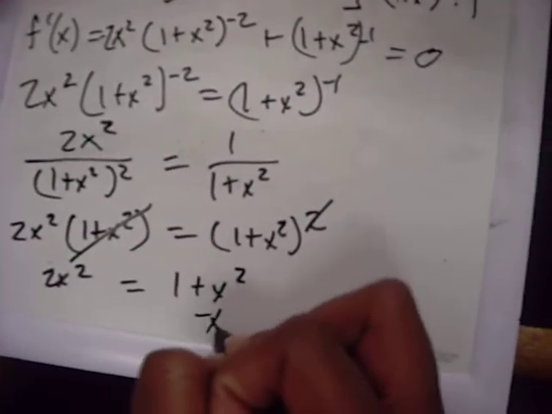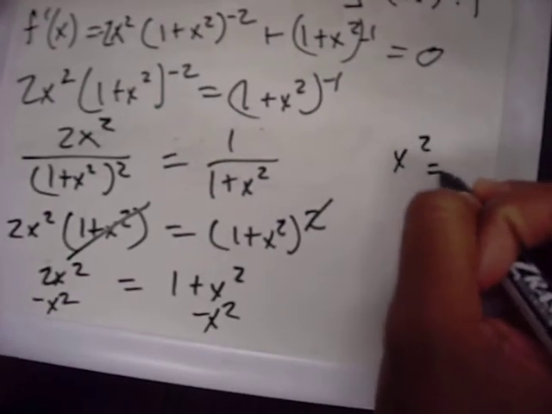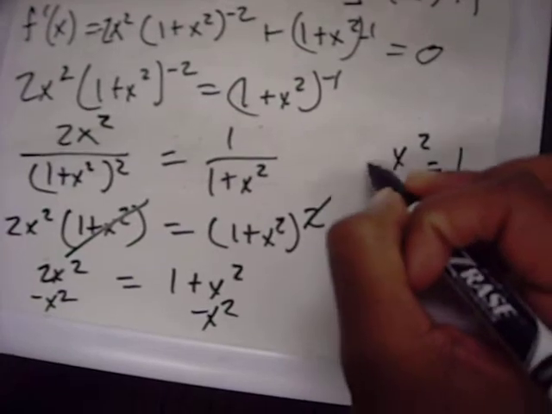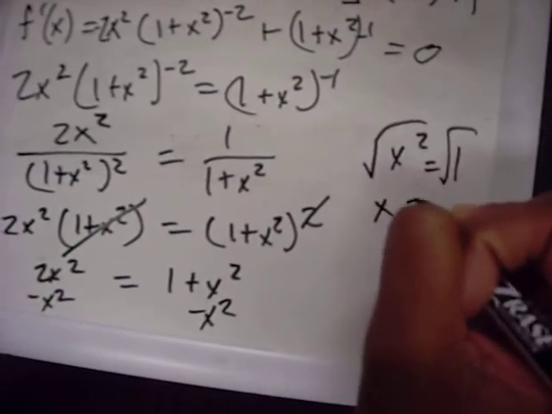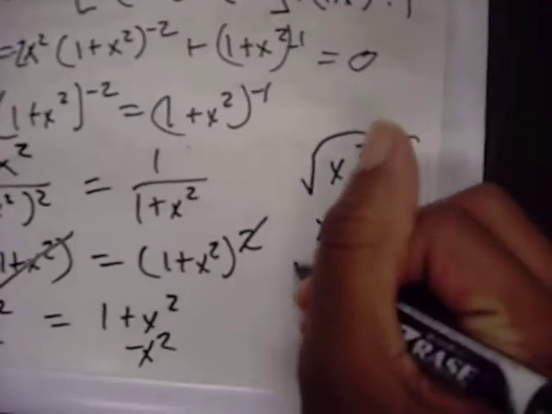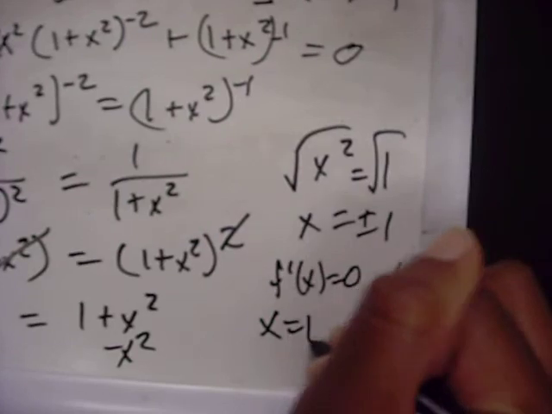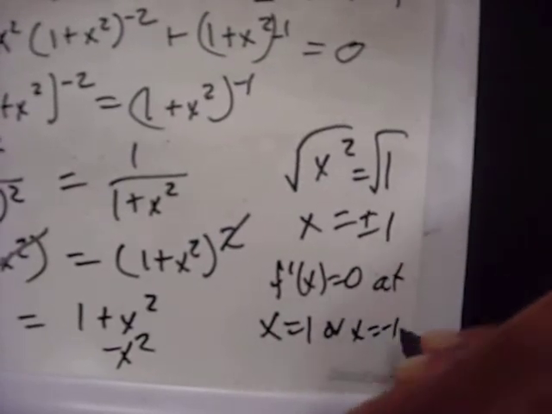You can subtract x squared from both sides and have x squared equals 1. So when you take the square root of both sides, you're left with x equals plus or minus 1. So f prime of x equals 0 at x equals 1 or x equals negative 1.